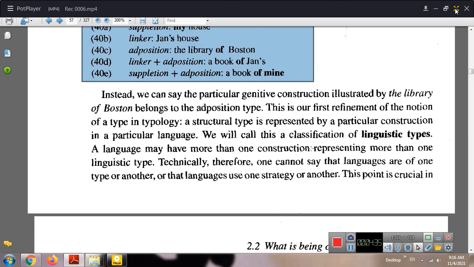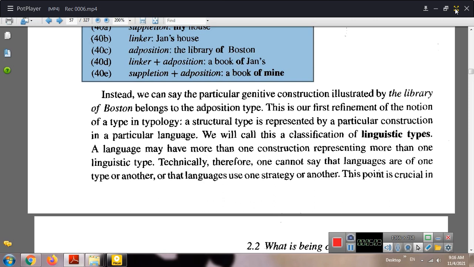We will call this a classification of linguistic types. A language may have more than one construction representing more than one linguistic type. This is our problem, and we had here that a language may have more than one construction representing more than one linguistic type.